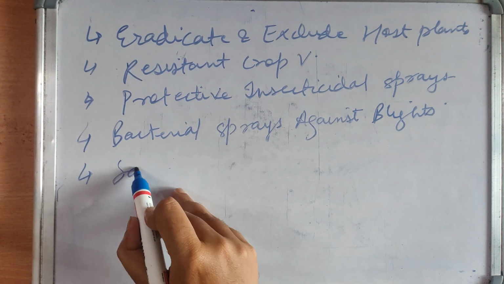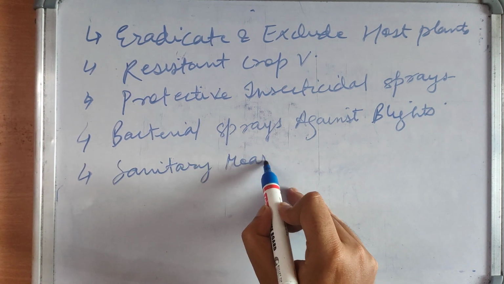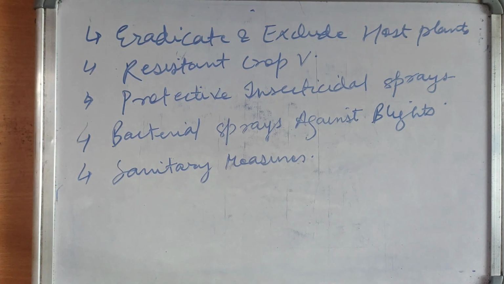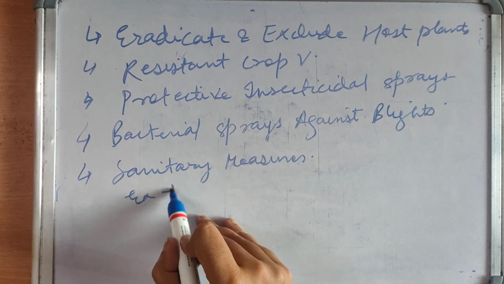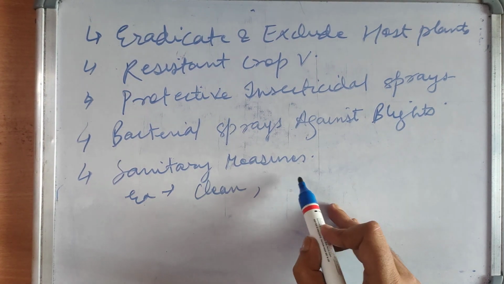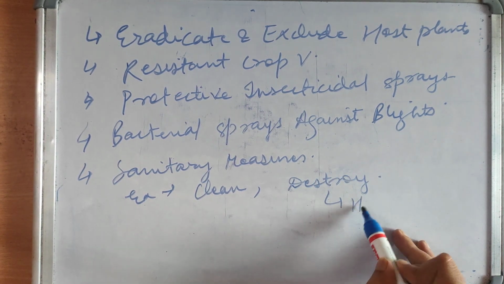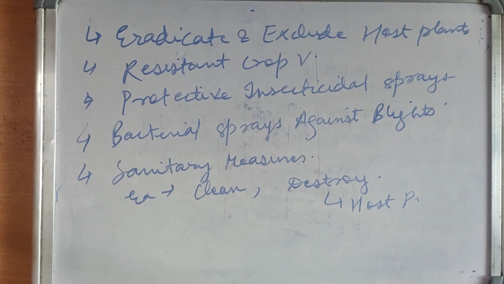You can also follow some sanitary measures, such as use of clean equipment. We need to destroy volunteer plants, or we can say destroy host plants. So these are some of the sanitary measures. So this was all about bacterial disease.